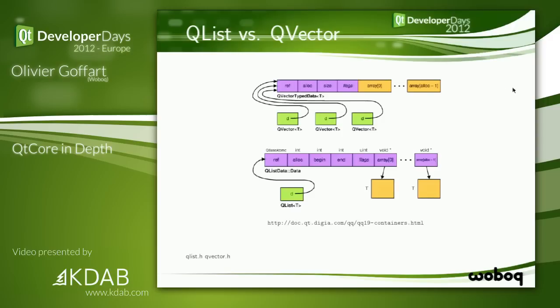You don't need to reallocate all the time, only when you run out of space. In QVector, you only have space at the end. But in QList, since you have a begin and an end, you have space both before and after. So you can append or prepend or remove from the beginning or the end very quickly in a QList, while QVector has to move all the elements around if you append at the end or if you prepend.